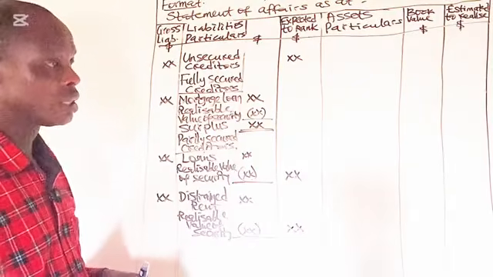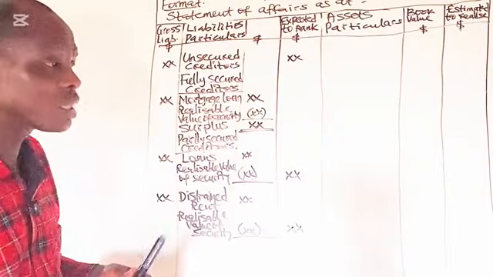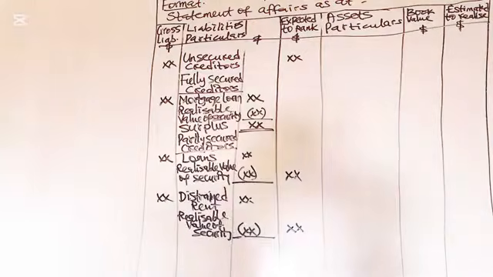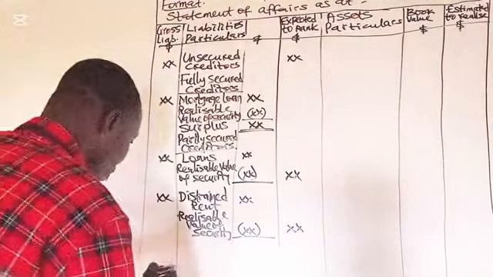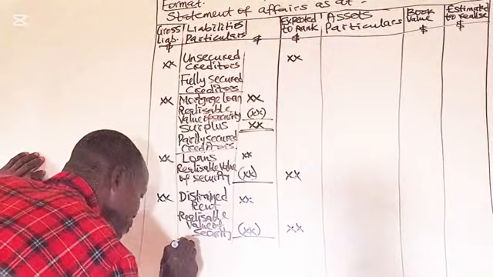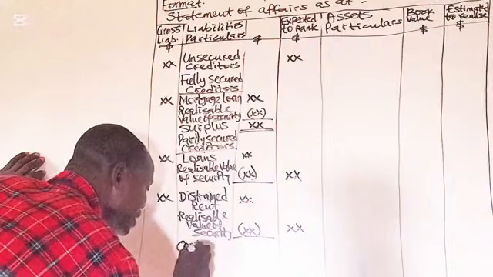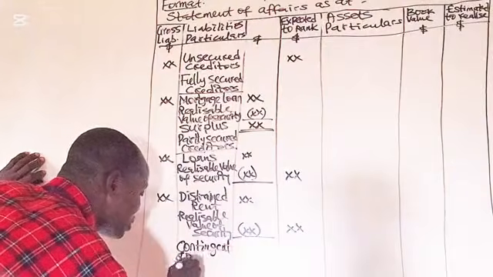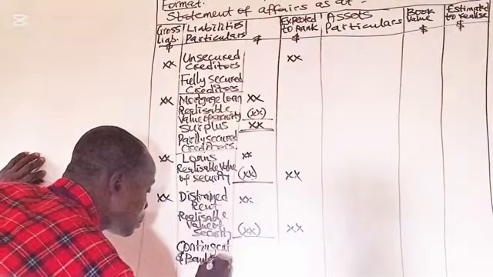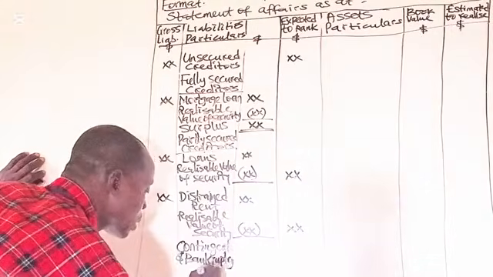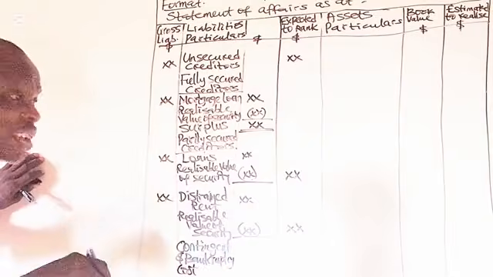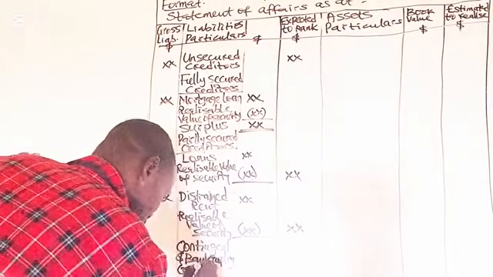Then you might also have contingent and bankruptcy costs, though I didn't include that in the mnemonic I gave you earlier, but I want to include it here. Contingent and bankruptcy costs, the ones not previously provided for.